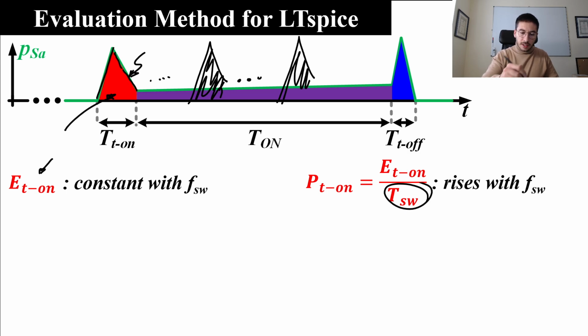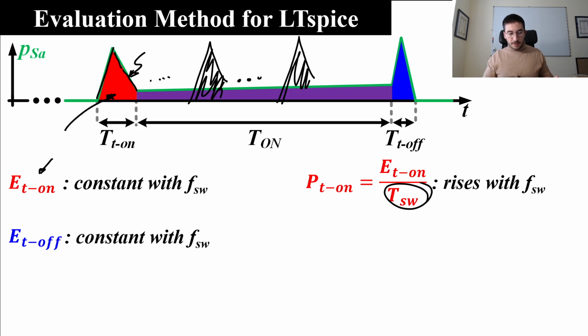So the energy of each triangle is the same, but the average value is higher because we have more triangles per second. So in summary, energy of the turn on is constant with the switching frequency because it depends on the characteristics of the devices, but the power losses related to the turn on process depend on the switching frequency. If we increase the switching frequency, we will have more turn on losses.